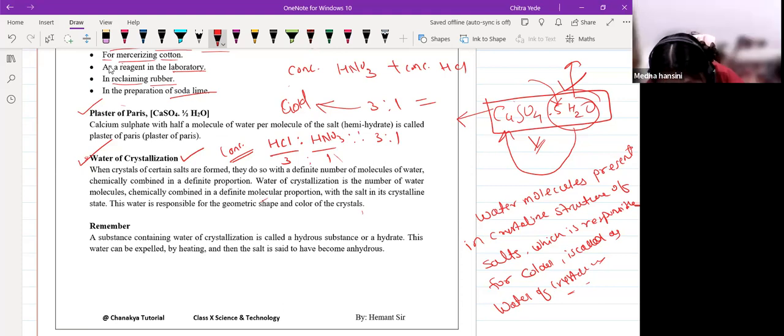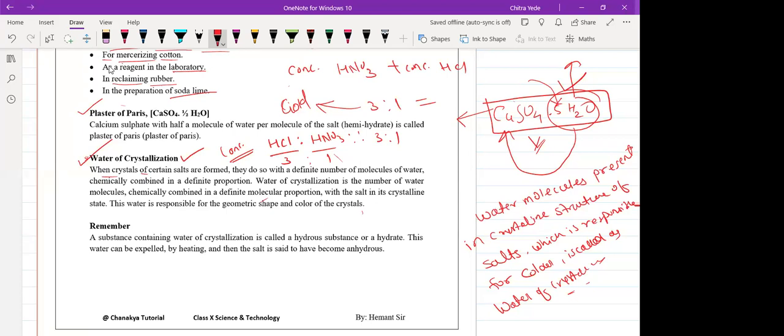Okay. Let's discuss from the notes now. When crystals of certain salts are formed, they do so with a definite number of water molecules in their crystalline structure, chemically combined in a definite proportion, beta. So water of crystallization is the number of water molecules chemically combined in a definite molecular proportion with the salt in its crystalline structure.